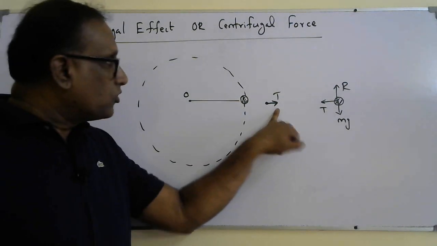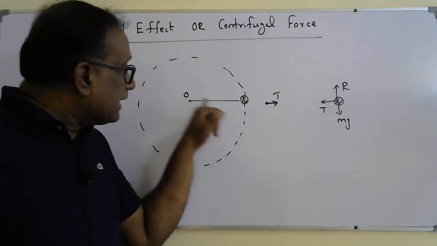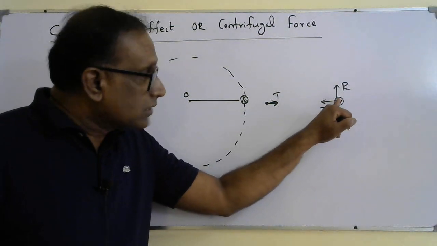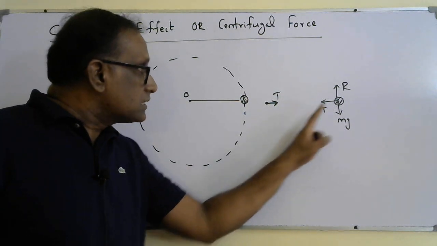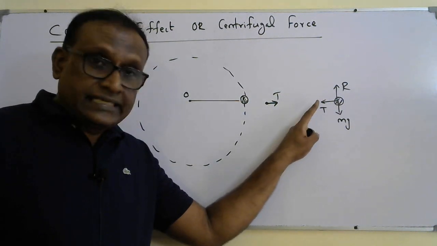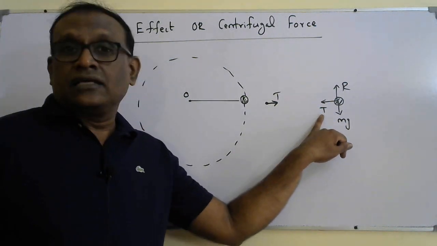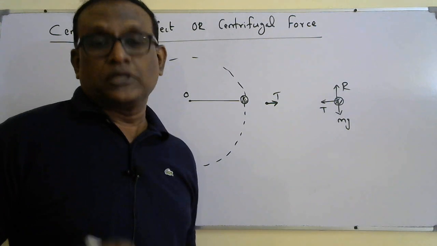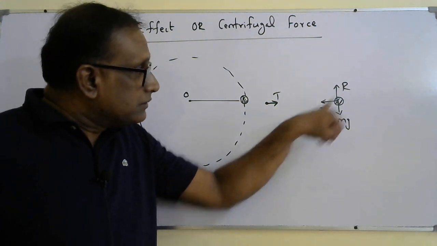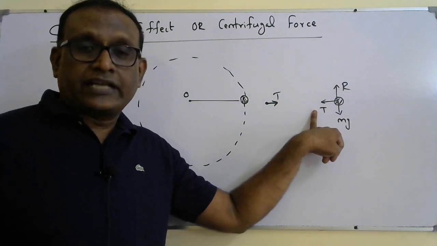At O, there will be a force towards the sphere. So how is this force exerted at O? The reason is the string is pulling the sphere towards the center. When it pulls the object towards the center, it's not moving towards O. It has the tendency of moving away from the center, because the forces R and mg balance each other, and T is the unbalanced force provided by the string.